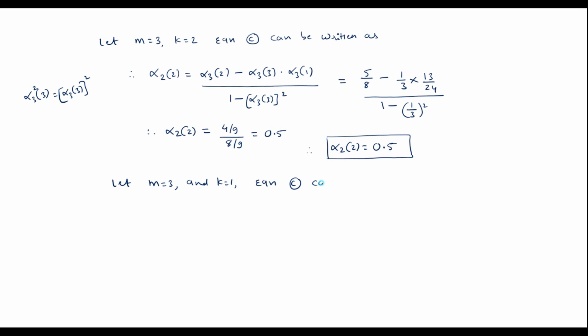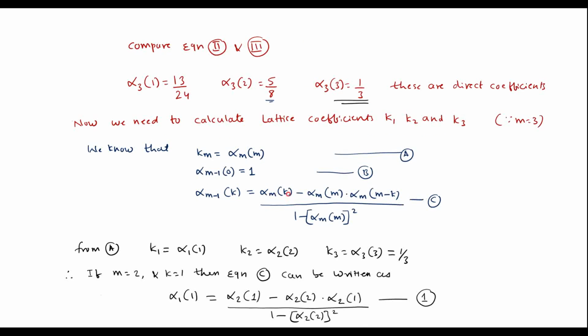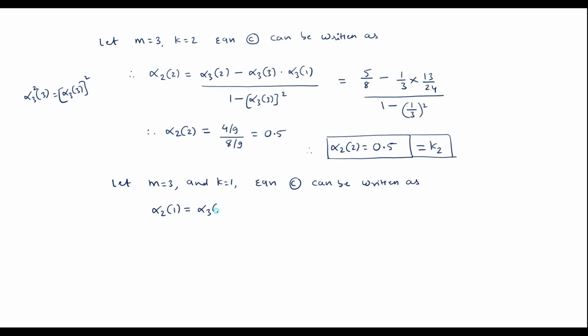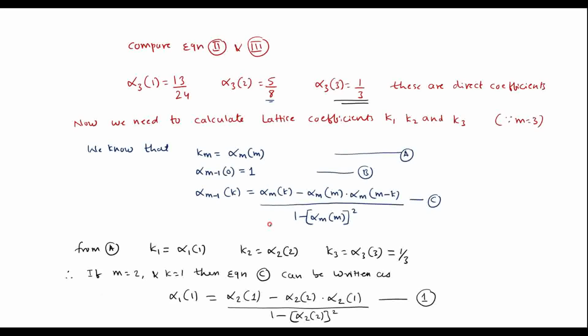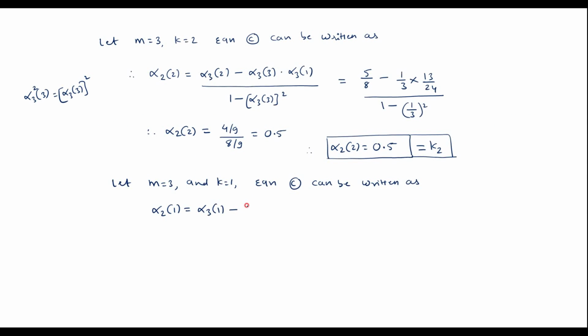Equation C can be written as alpha 2 of 1 is equal to, this is alpha 3 of 1, minus, this is alpha 3 of 3 into alpha 3 of 2, divided by 1 minus alpha 3 of 3 square.